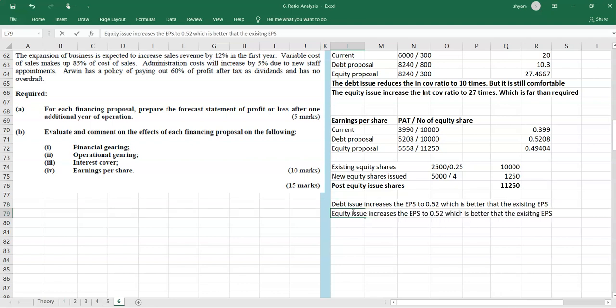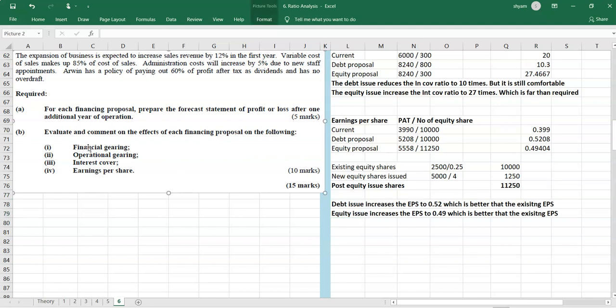So if you take equity issue, decreases the EPS to, is it decreasing? No, still it is increasing only. Increases the EPS to 0.49, which is better than the existing EPS. Okay, so these are the main points.